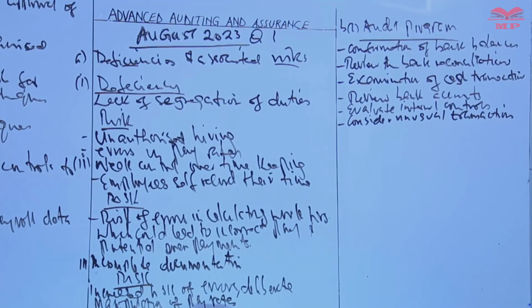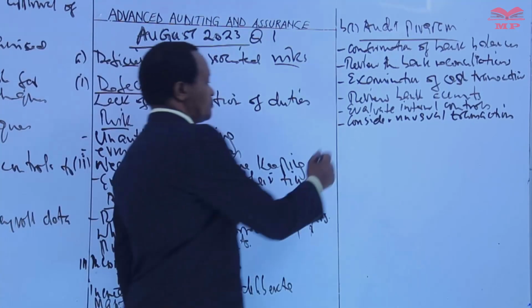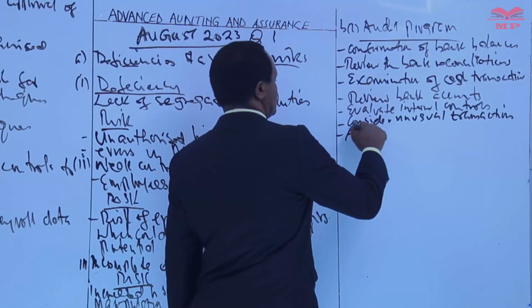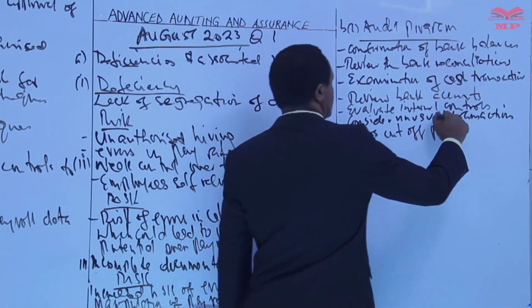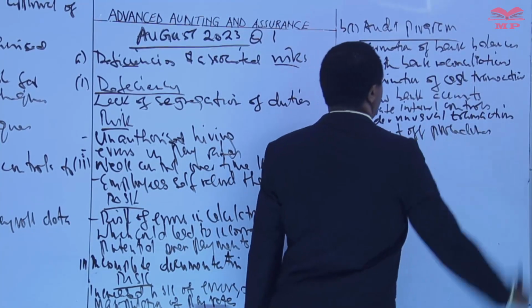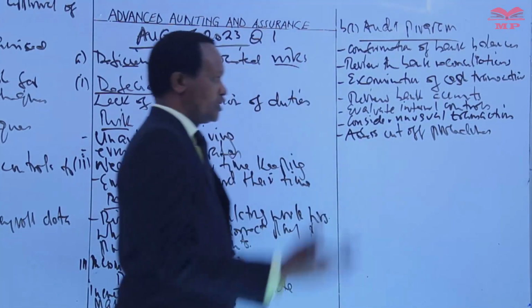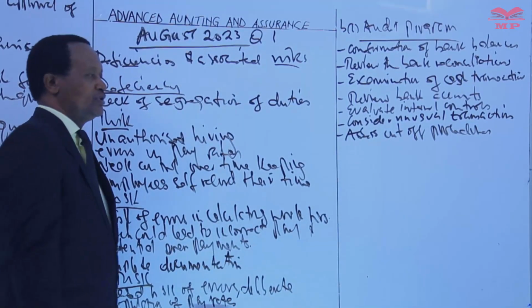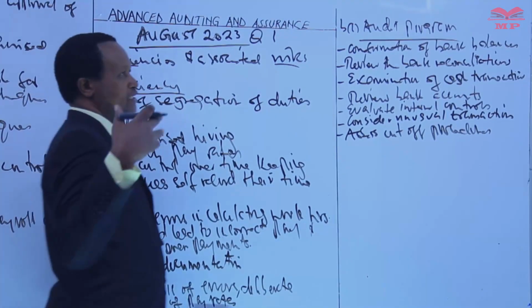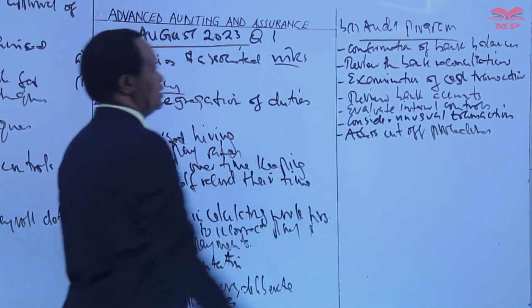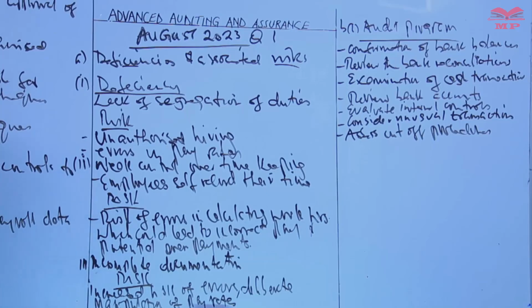All right. Assess cut-off procedures. The checks for December 2022 should be related to December 2022. They should not be recorded in January 2023.